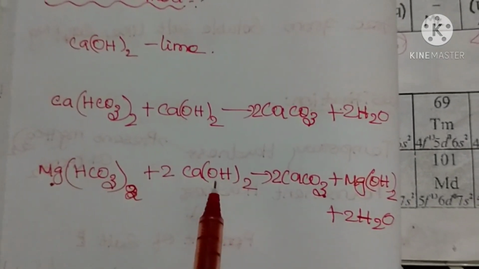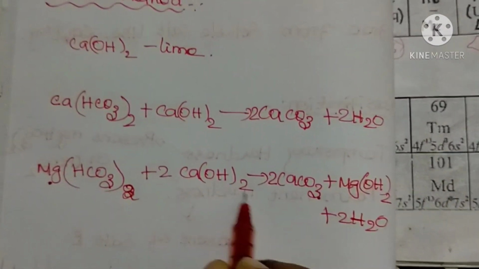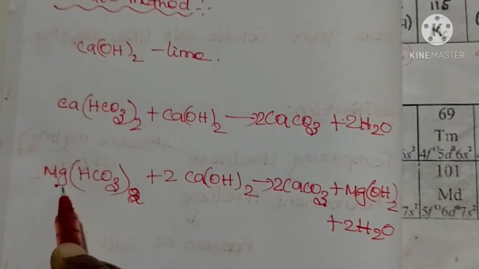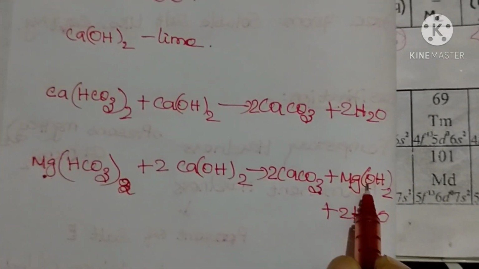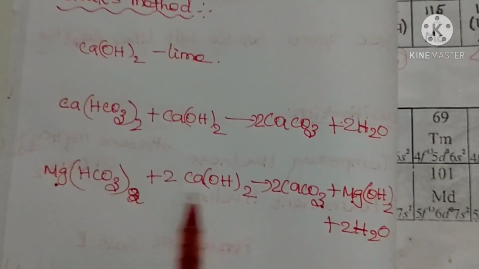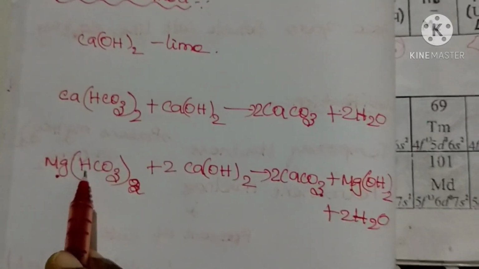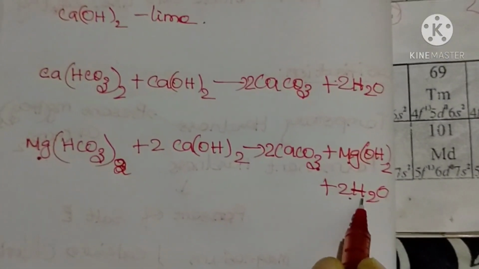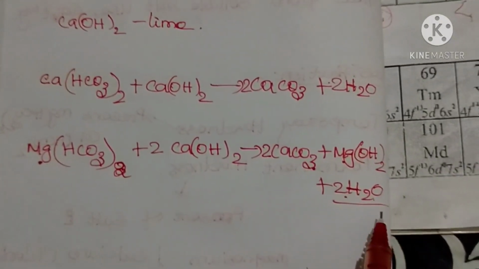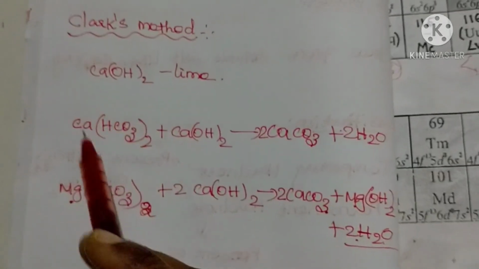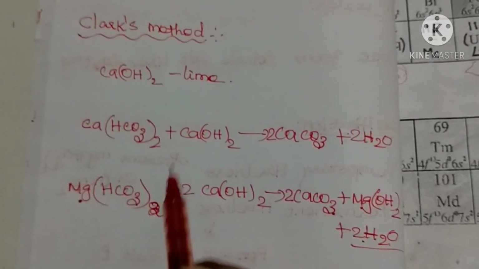And this magnesium is combined with OH twice. Okay. So this OH twice, totally 4 are present. So 2 are combined with the magnesium. It forms Mg(OH)2. The remaining OH and these 2 hydrogen combine together and form 2 H2O as the byproduct.